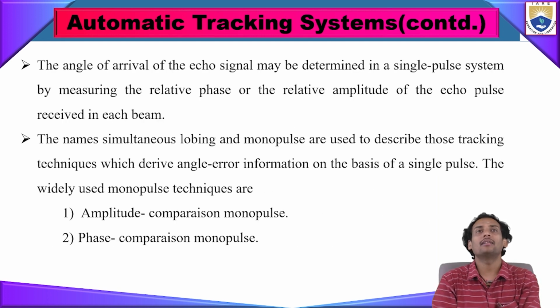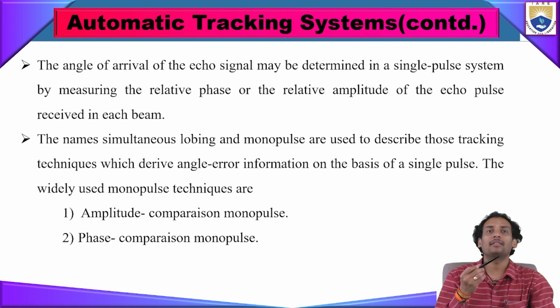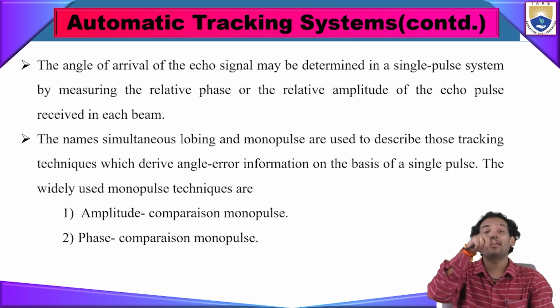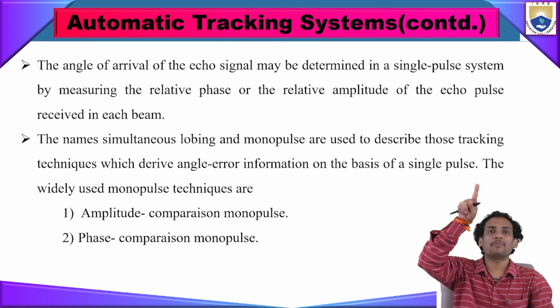The angle of arrival of the echo signal may be determined with a single pulse system. Simultaneous lobing and monopulse are used to describe the tracking techniques which obtain angle error information. The widely used monopulse techniques are amplitude comparison monopulse and phase comparison monopulse. Whenever we create the lobes, the lobe amplitudes and phases are compared. If they have the same amplitude, the range is up to there only.